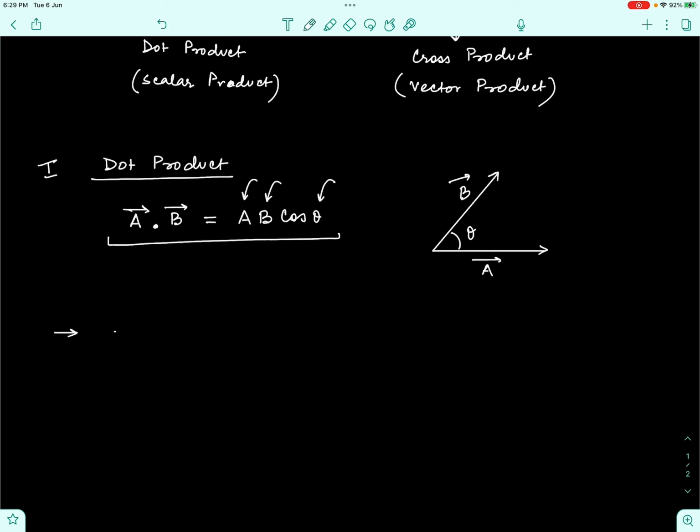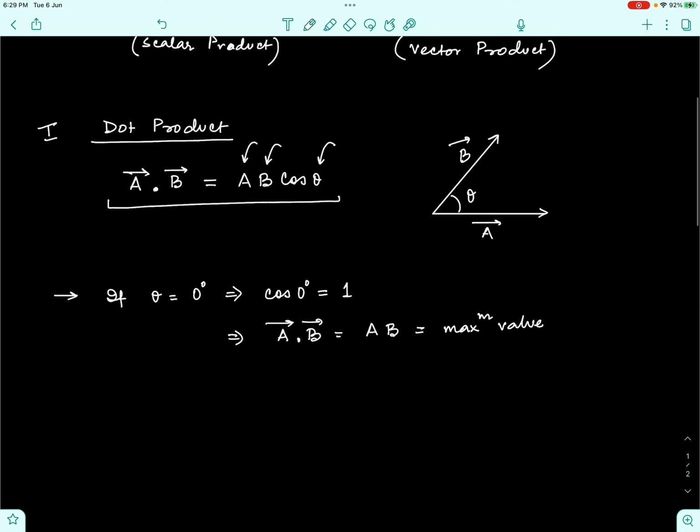See that if the angle between the two vectors, if theta takes a value of 0 degrees, in that case cos 0 will take its maximum value, which is 1, and the dot product A dot B in that case will be equal to just A into B, because cos theta will be 1. So, understand that AB is the maximum value that the dot product of vectors A and B can take, right, the product of the magnitudes of the two vectors.